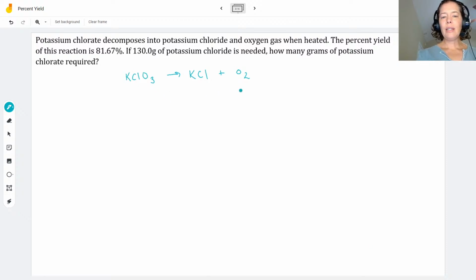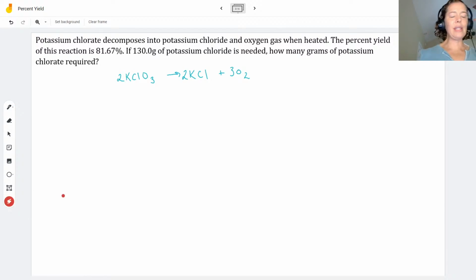At first you think, okay, potassium and chlorine are balanced, but oxygens are not. In this kind of situation where you have a 3 and a 2, usually if you just reverse and make them multipliers, it works. So now I have 6 oxygens on both sides, which is great, but I need to rebalance my potassium and chlorines. So that should be a 2 there, and just double check. All right, this looks like a balanced chemical equation.